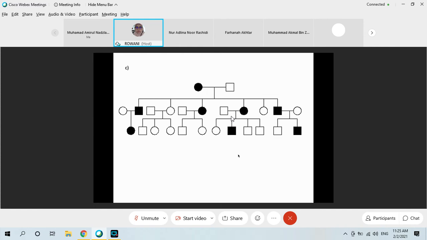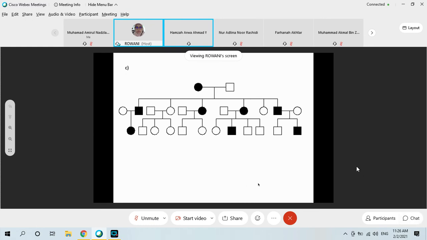Okay, Hamzah. Yes, doctor. What do you see? In the 1st generation, the female is affected, and then it passed to the second generation for both female and male. Good. It passed to the third generation too, both male and female. So what sort of transmission is it? Horizontal or vertical? Vertical transmission. What mode of inheritance?